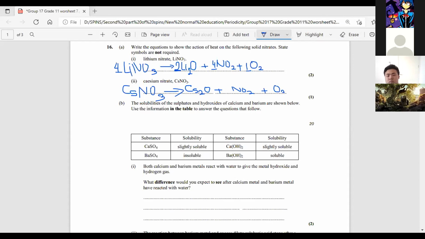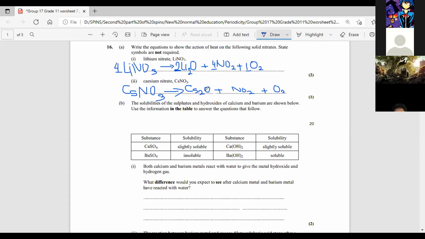This one is supposed to be like this, but cesium is very reactive. Cesium is down in the periodic table.